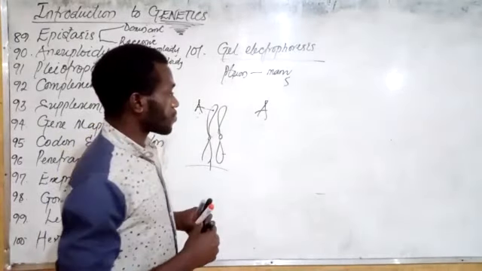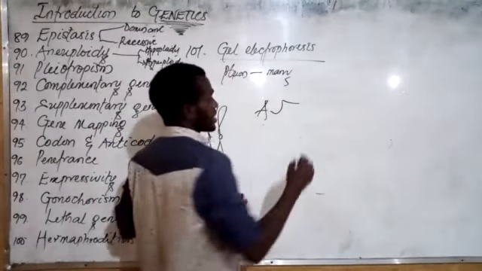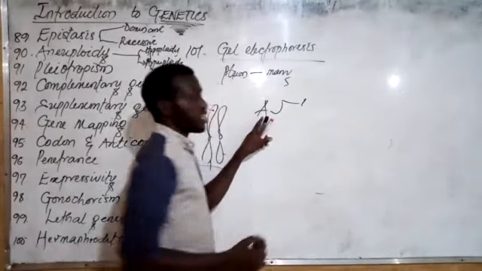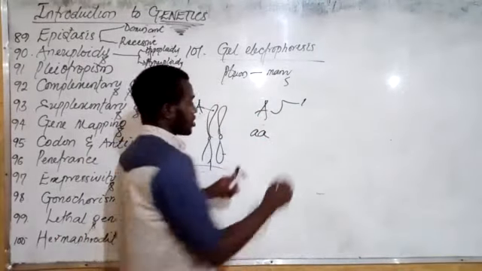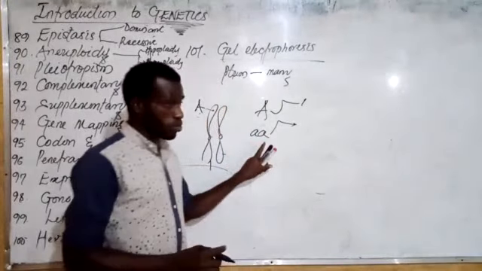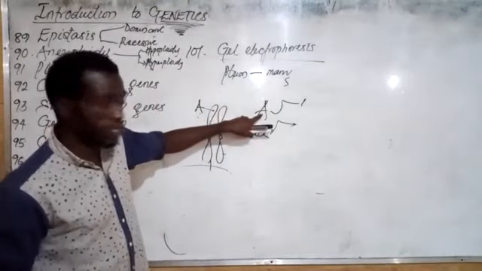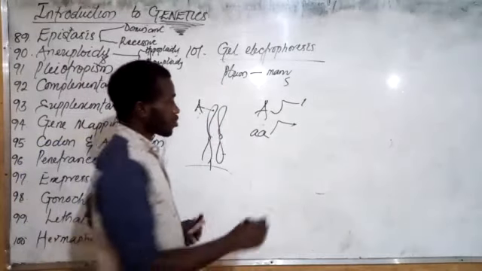For example, using that example, if a gene is recessive for this, this will result in an albino. This is the normal skin pigmentation. So this will result in an albino. So an albino is going to have what?